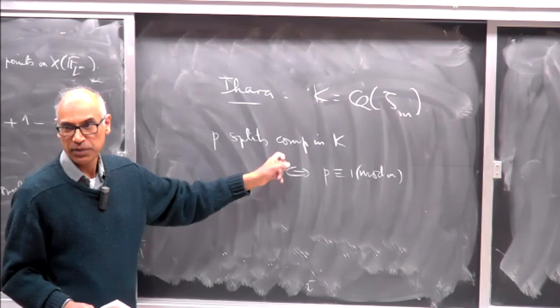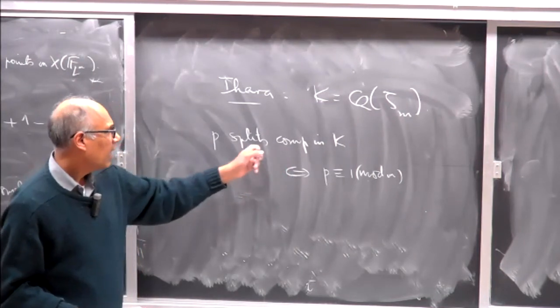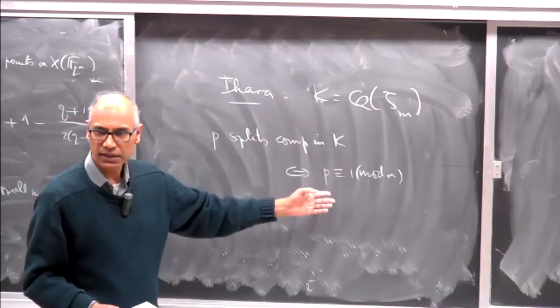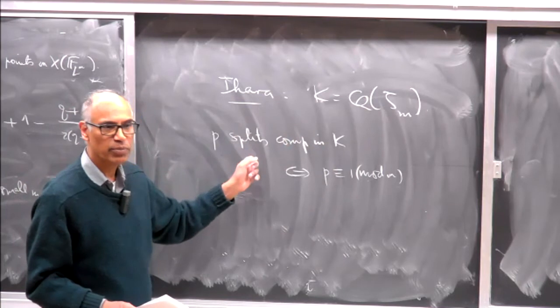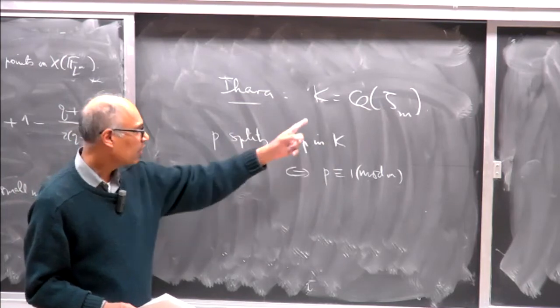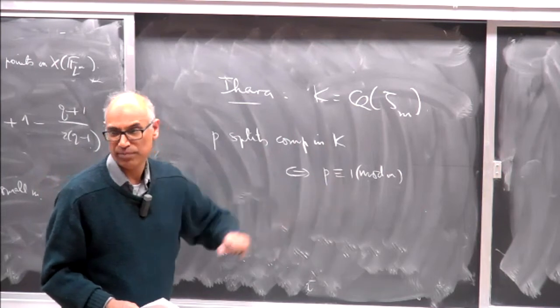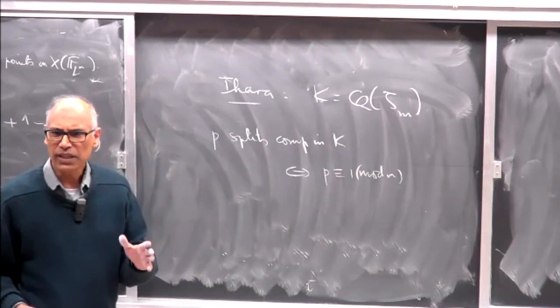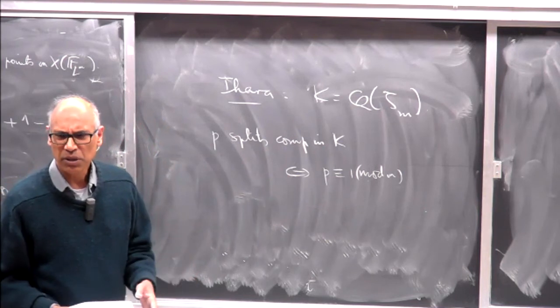Okay? And primes that split completely are very useful for a number of reasons. Basic, like baby class field theory, tells you how you identify primes that split completely. So in the cyclotomic case, splitting completely is the same thing as saying P is congruent to 1 mod M. Now, if I give you an M and I ask you to find me primes congruent to 1 mod M, what could they possibly be?